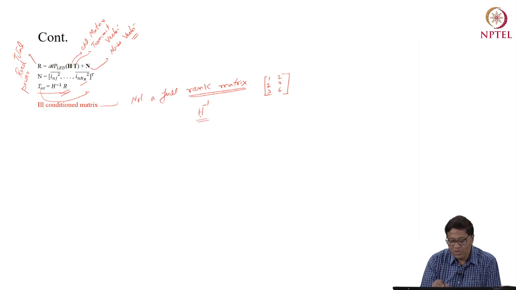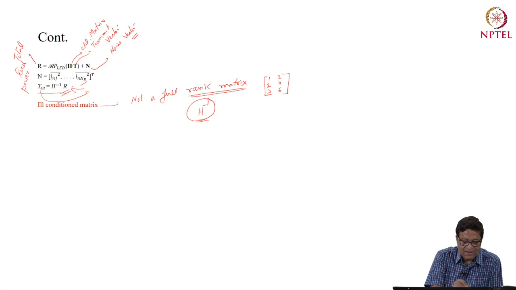For finding the inverse, the matrix should be full rank. So finding H inverse, which I need for estimation of the transmitted signal, will pose a problem for me, because the matrix for such a case is ill-conditioned or not full rank.